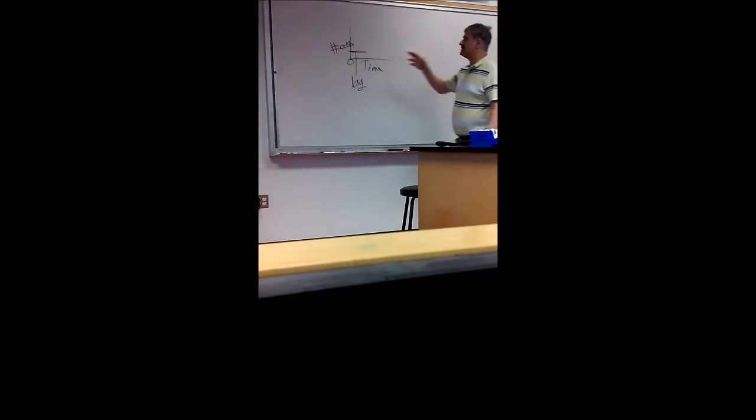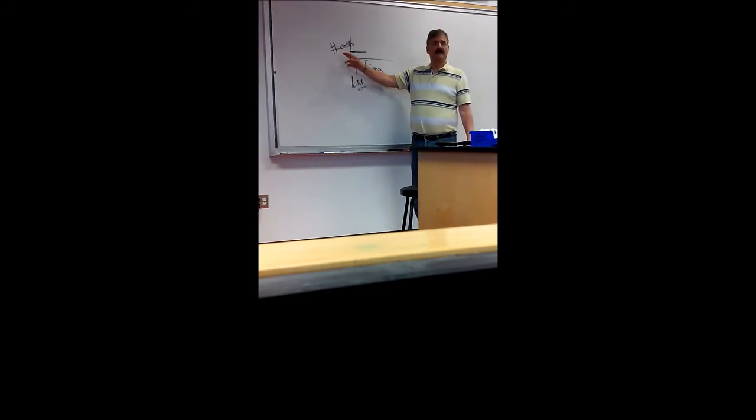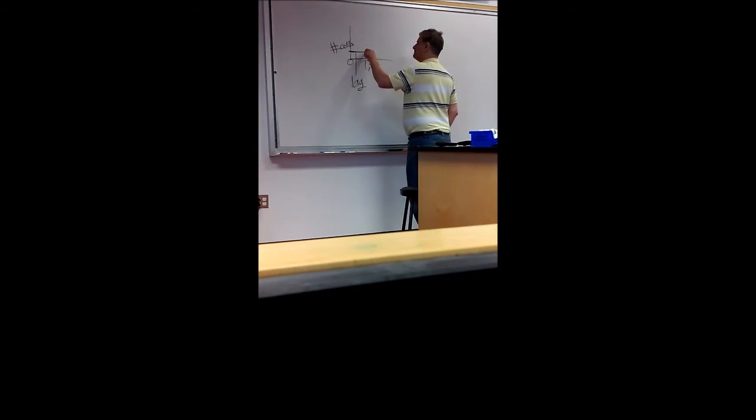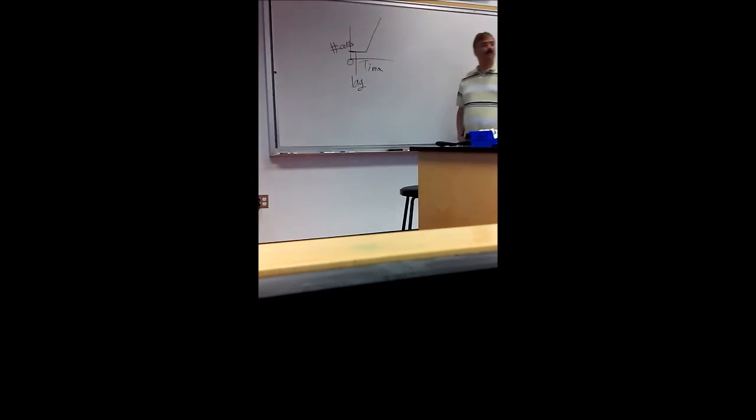Remember, what we're measuring is the number of cells. The number of cells hasn't changed yet. And then, after about half an hour, the cells start to divide. You're starting to get more growth now. So the number of cells starts to increase.